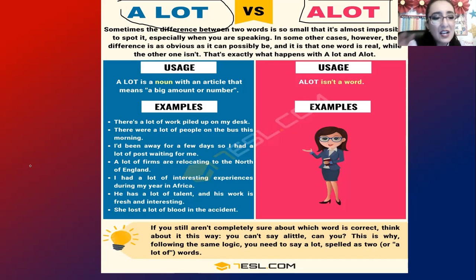"Alot" is a common misspelling of "a lot". "A lot" should always be spelled separated, okay? Two words. And the meaning of "a lot" depends on the context, okay? Usually it means many or to a great extent, okay?